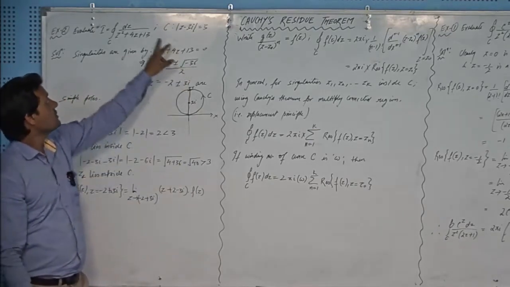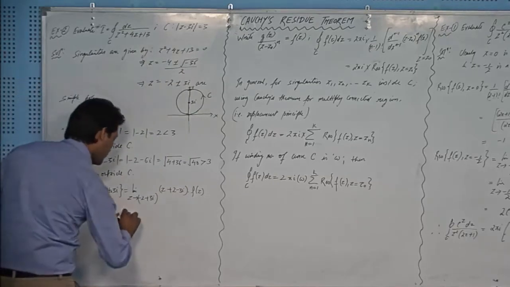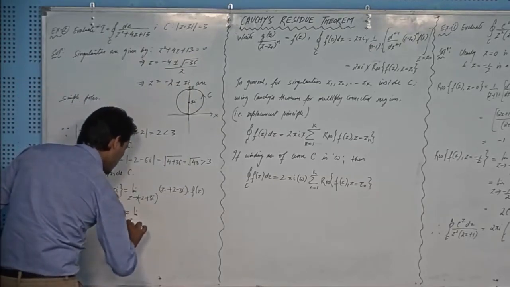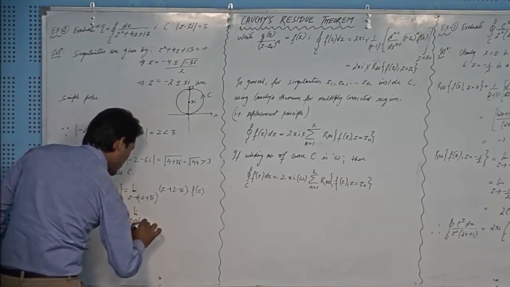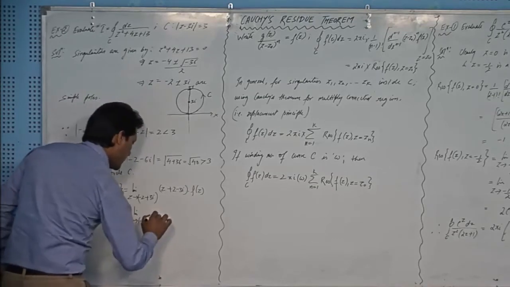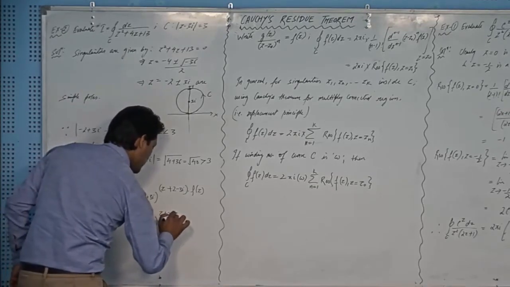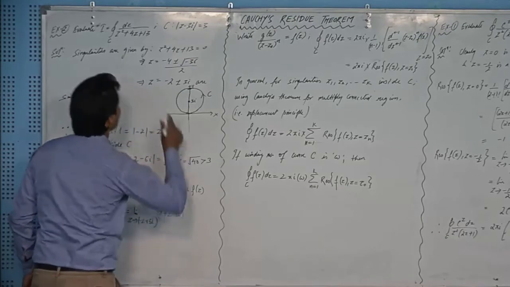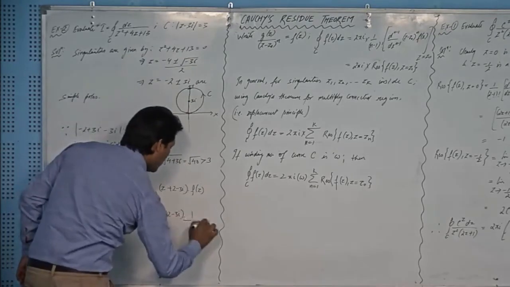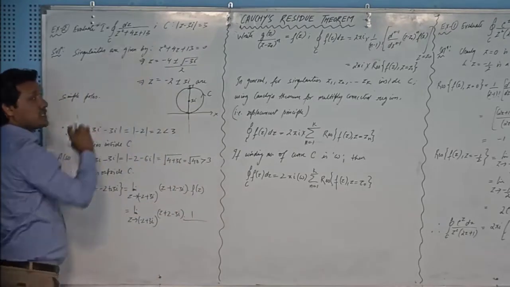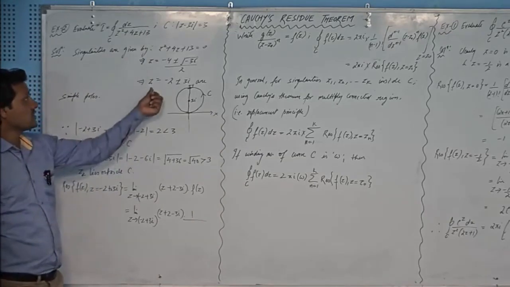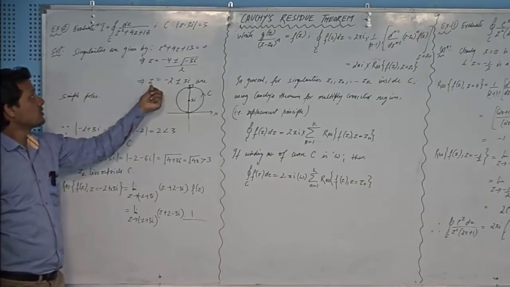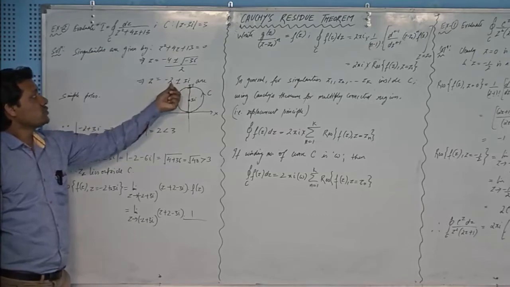Your Fz is of the form 1 over z square plus 4z plus 13, but that is factorized in terms of its roots. The roots are minus 2 plus 3 iota and minus 2 minus 3 iota.